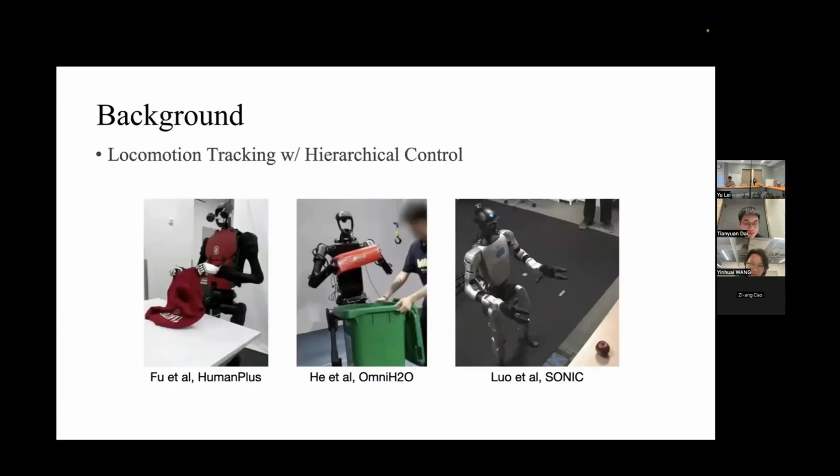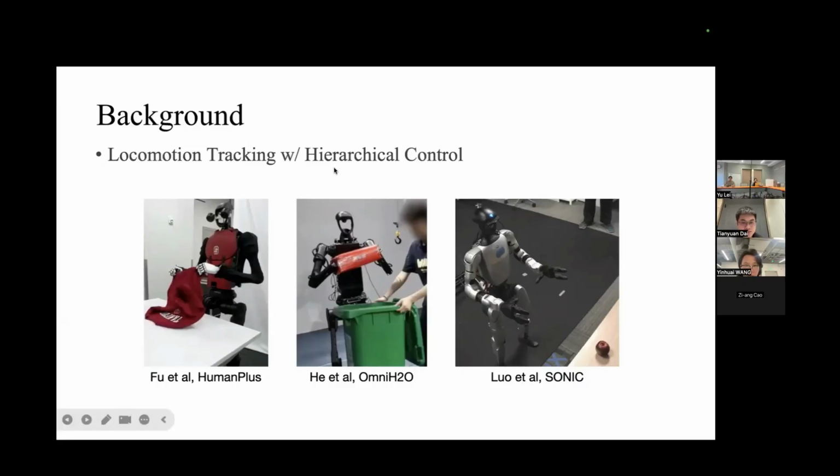I think there are mainly two ways to achieve that. The first paradigm is to first have a very good teleoperation controller that can control the humanoid robot. With such a controller, we can teleoperate the robot to interact with the world, collect data, and then use those data to train a behavior cloning controller.